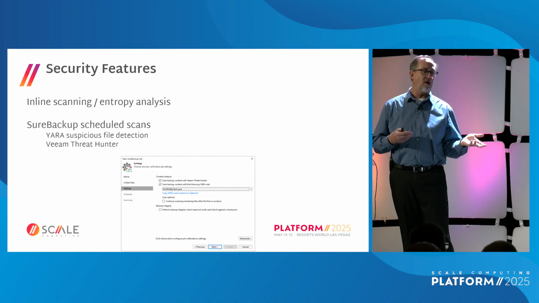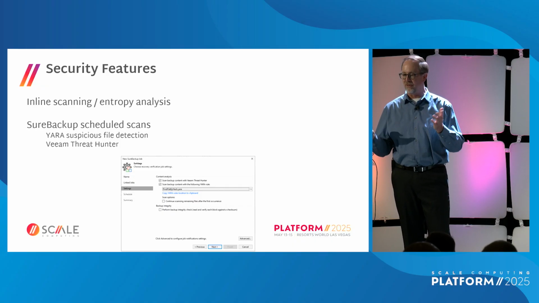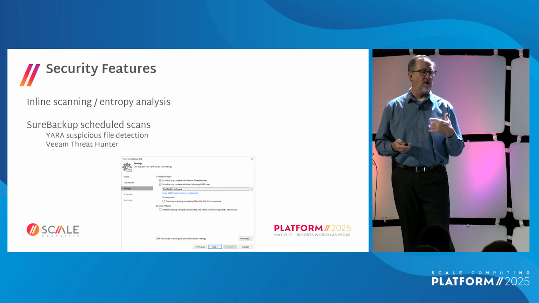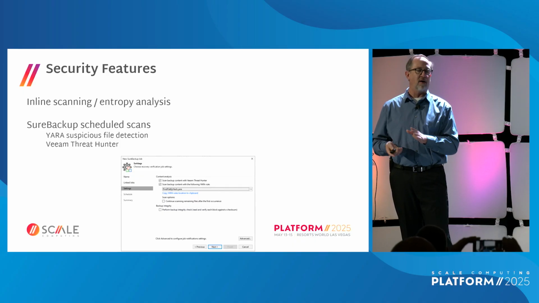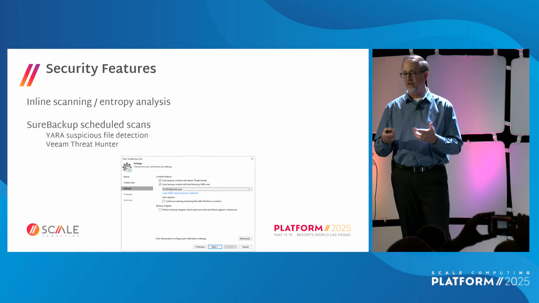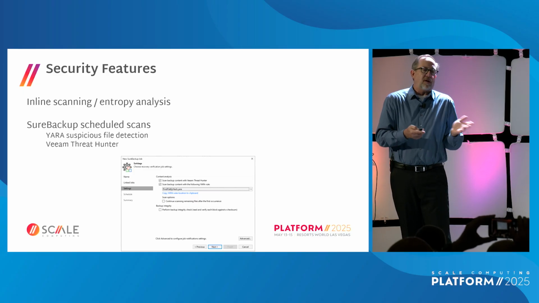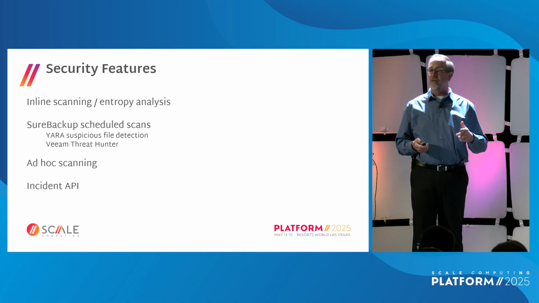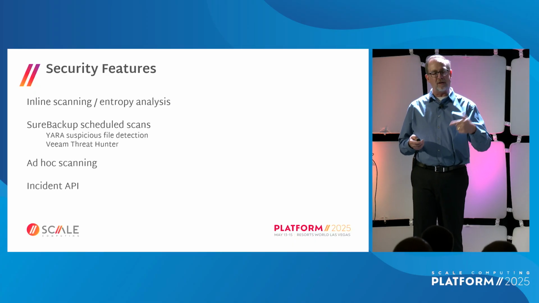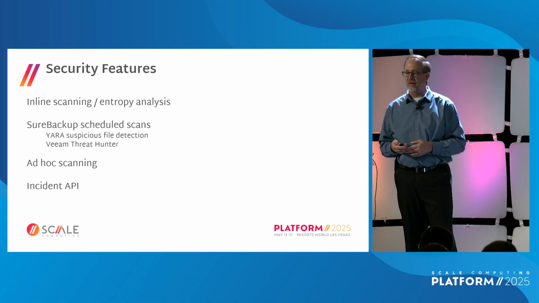This uses YARA. If you're not familiar with that, you can look into it. You can use our YARA definitions, or your own. We have our own virus scanning technology called Veeam Threat Hunter, but again, if you have a preferred one, you can use your own. Then you can mount your backups and scan them, just to make sure there's nothing malicious in there.